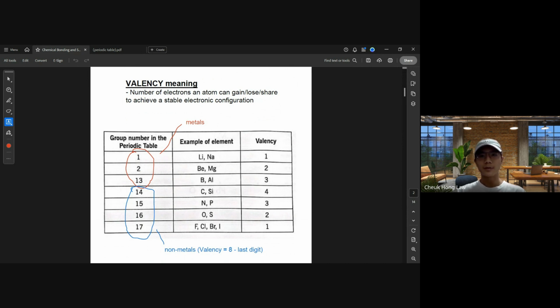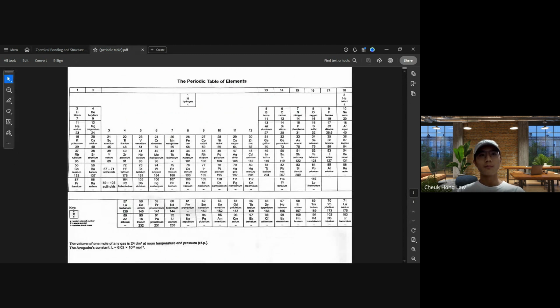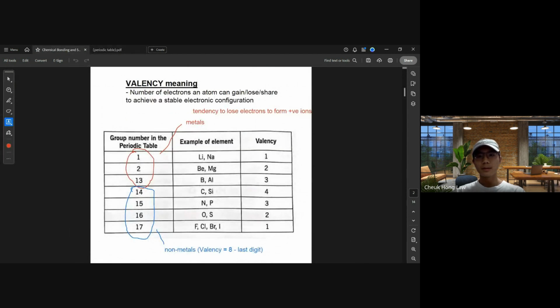For metals, they have a tendency to lose electrons to form positive ions. Because they have 1, 2, and 3 valence electrons, they are more likely to lose the valence electrons than gain. So they have a valency of 1, 2, and 3.